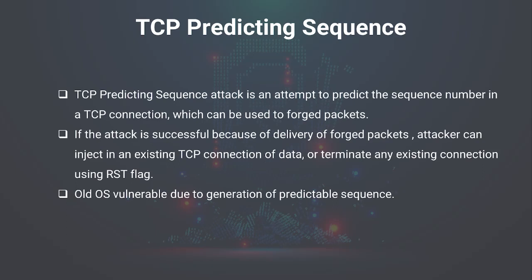These sorts of vulnerabilities were seen in older OSs such as BSD Unix and Windows NT 3.5 and 4 as well. This is something we don't see on modern day-to-day operating systems, because they have ensured that every operating system generates a random number such that an attacker cannot predict it.